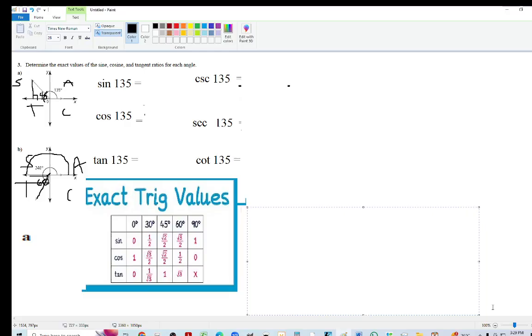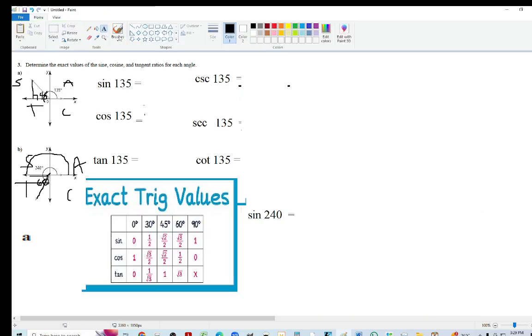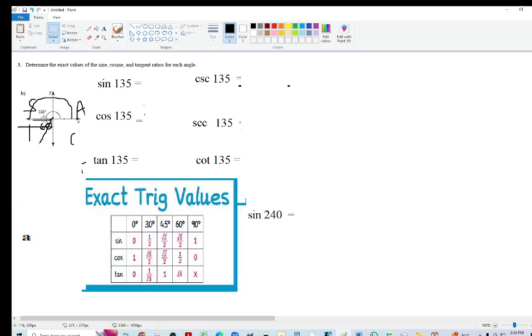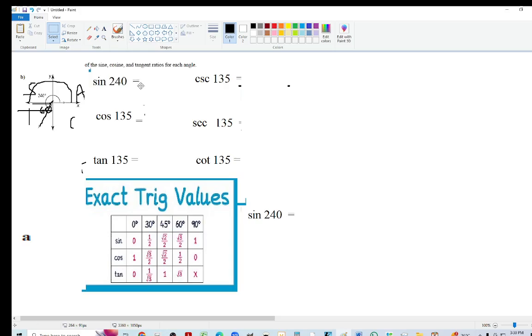Well, that means tangent of 240 is the same as 60. Sorry, sine of 240 is the same as sine of 60. We can see that the sine of 60 is this. We'll just steal that, and we'll put 240 wherever I see 35.